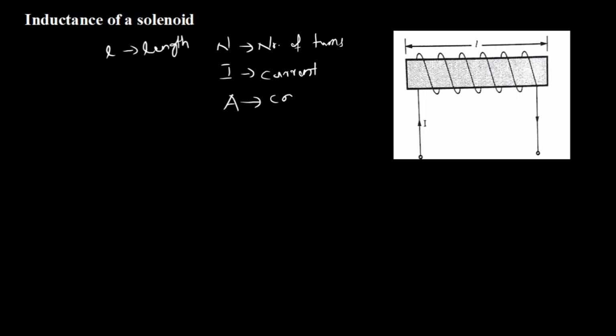Let me denote all that. First, L is the length of the solenoid, N is the total number of turns, I is the current flowing through the coil forming the solenoid, and capital A is the cross sectional area.